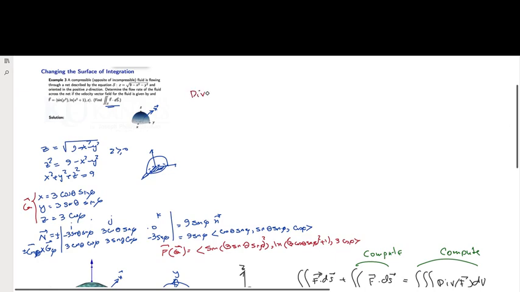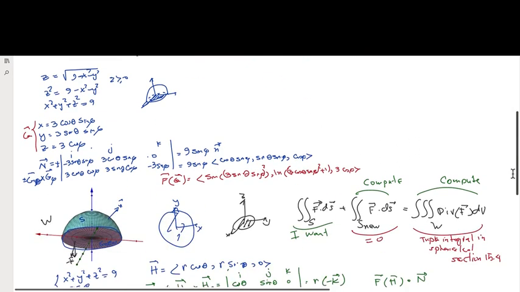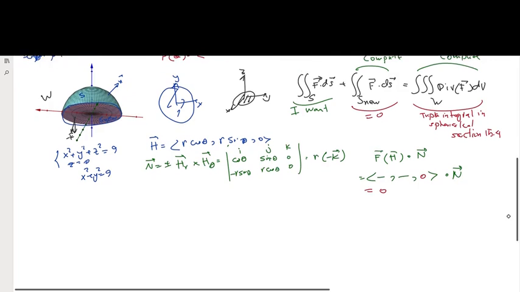It's a dot product: partial with respect to x of sine of y squared, plus partial with respect to y of natural log of x squared plus 1, plus partial with respect to z of z, and you end up with 0, 0, and 1. So the divergence of f is 1, and let's do the triple integral now.